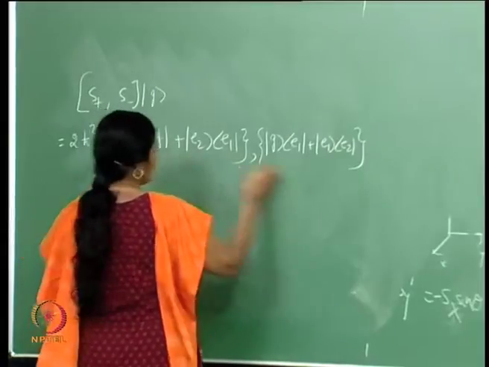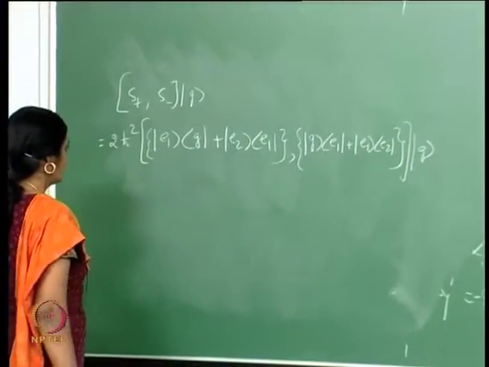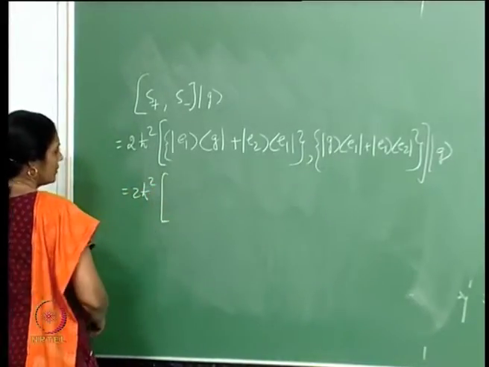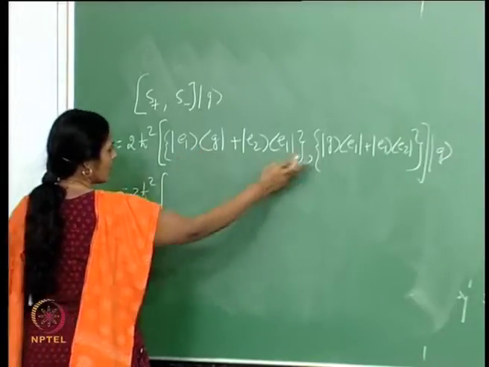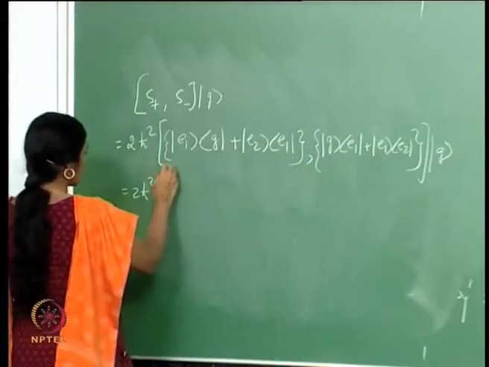And of course, this commutator could act on G. You can easily check the following. First of all, the commutator of this with that plus this operator with that and so on.